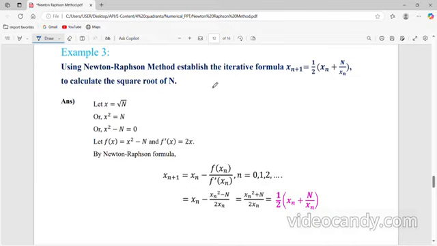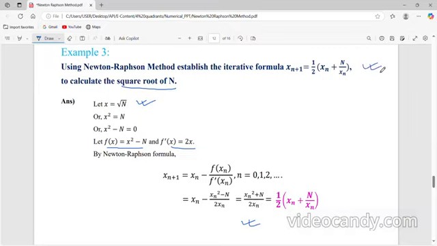The hint is given: x equal to root over N. Taking squares on both sides, x square equal to N, so x square minus N equal to 0. Just see, the function is x square minus N and the derivative is 2x. So we develop the formula using the Newton-Raphson method, and after taking half common, you will get this type of result.